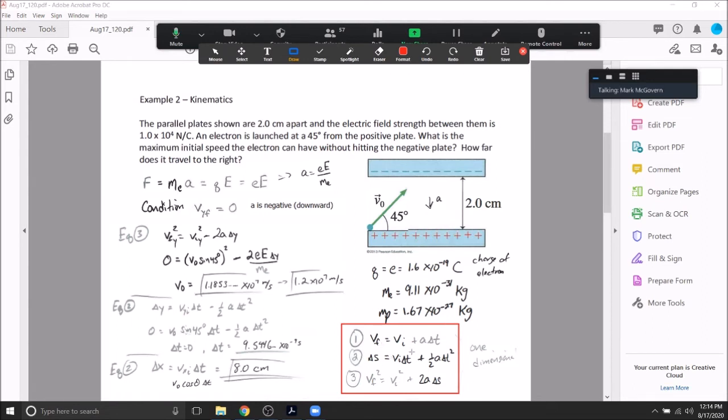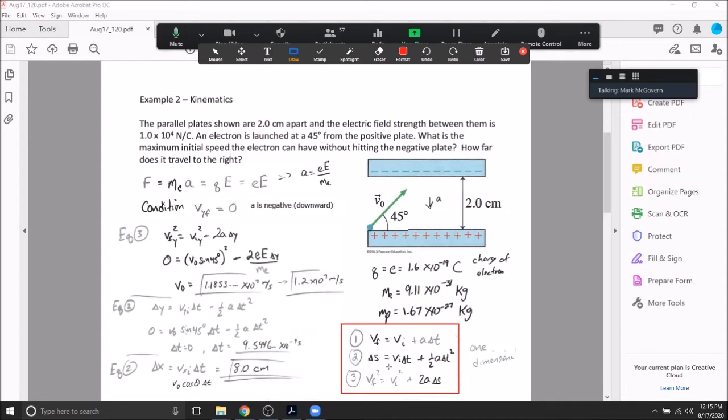So anyway, those are my kinematic equations, and I'm trying to figure out my height here. Based on what I'm given, the best thing to do would be equation number 3, because I know my initial speed is what I'm looking for. The idea is that you're going to do things in the y direction, because when you use these kinematic equations, there's x direction stuff and y direction stuff, and you never mix x and y direction stuff.